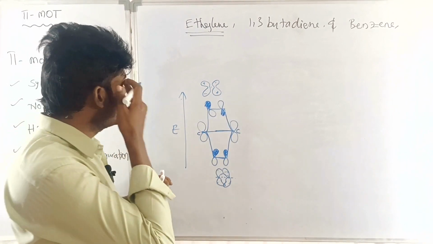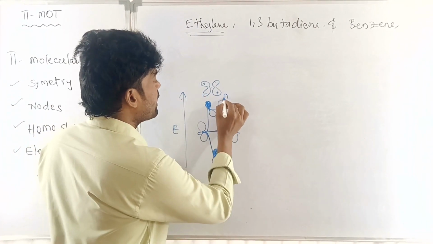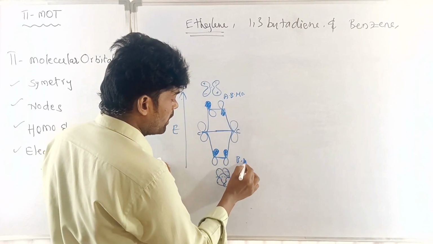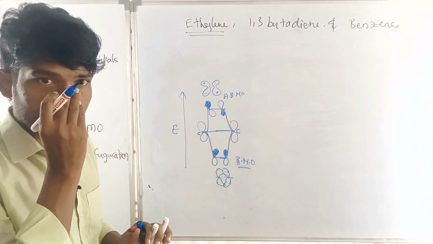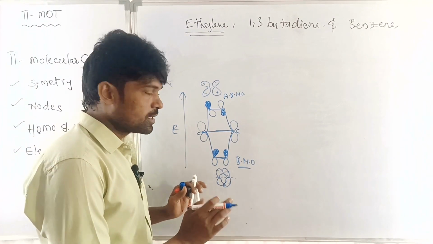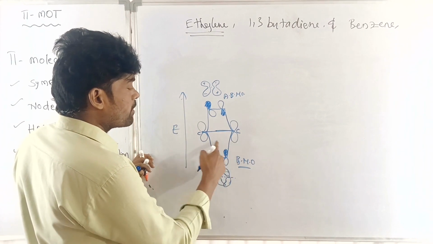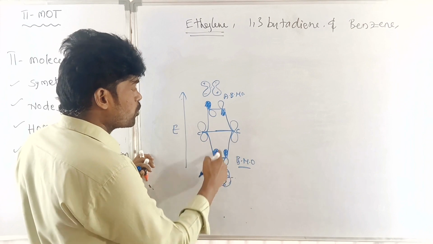There is no possibility to form a bond. Understand? Because this is anti-bonding. This is the bonding molecular orbital. Clear? This is basic.